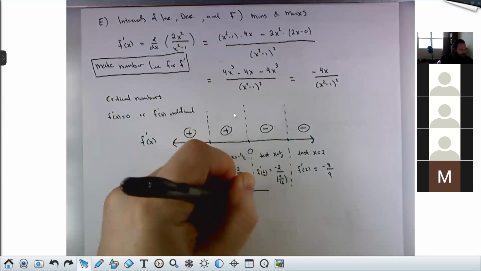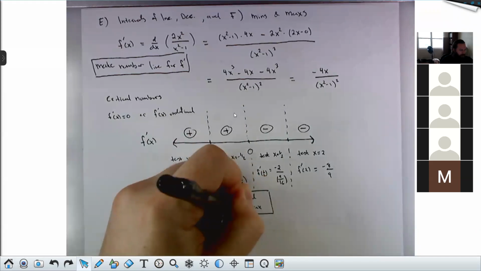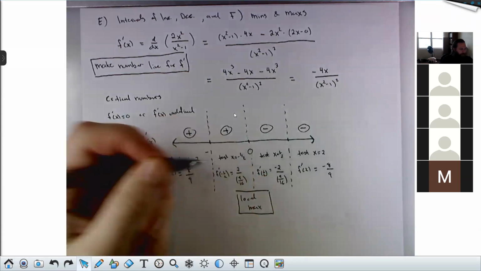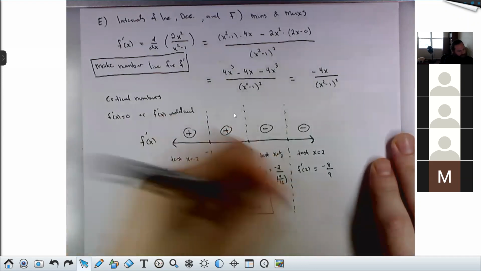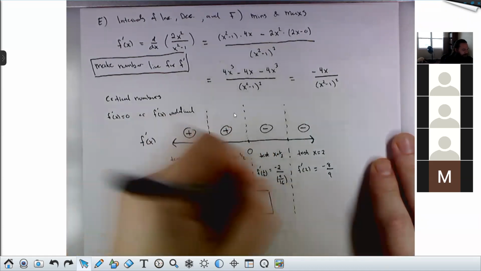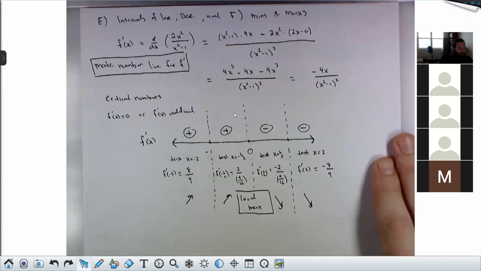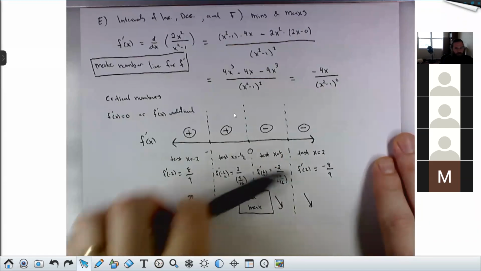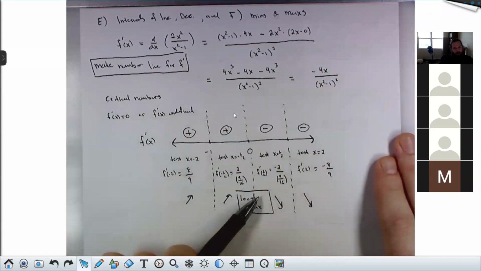Max. Good. Because I'm increasing to the left of 0, right? This function here, I'll draw them in down here, our little arrows. So we're increasing, increasing, decreasing, decreasing. So the only place where we went from increasing to decreasing is at 0, right? So we have a local max there.